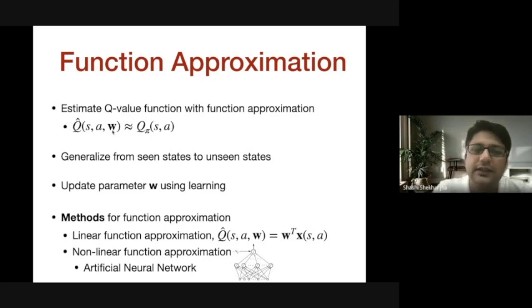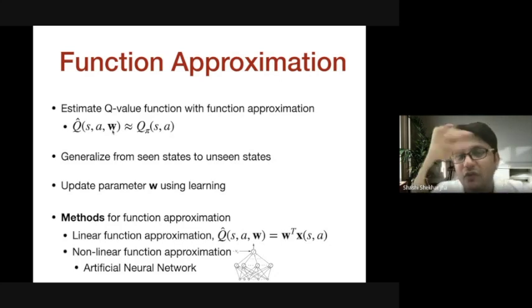It will be much less than the number of states or state action pairs. And then I am going to create a function out of it. So whenever you need the Q value of a state action pair, you input it, and I'll give you the Q value of that particular state action pair.